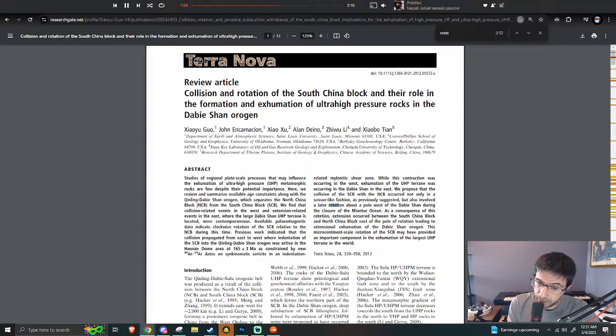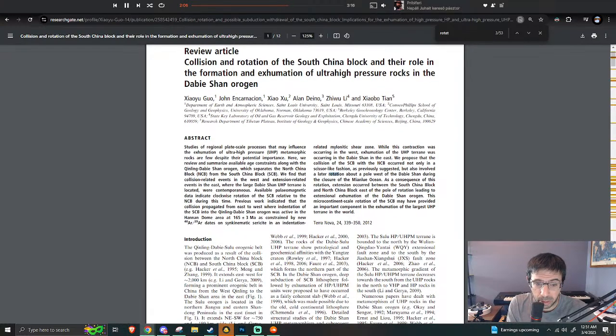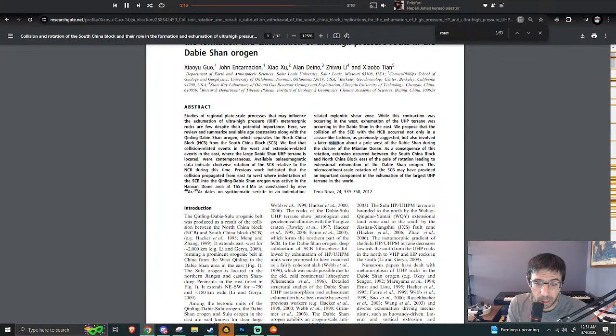As a consequence of this rotation, extension occurred between the South China Block and North China Block east of the pole of rotation, leading to extensional exhumation of the Dabie Shan orogen. Microcontinent scale rotation.